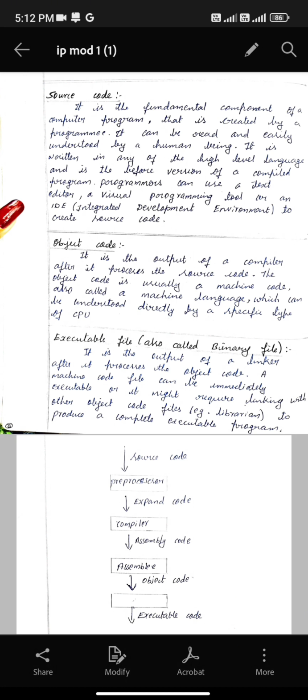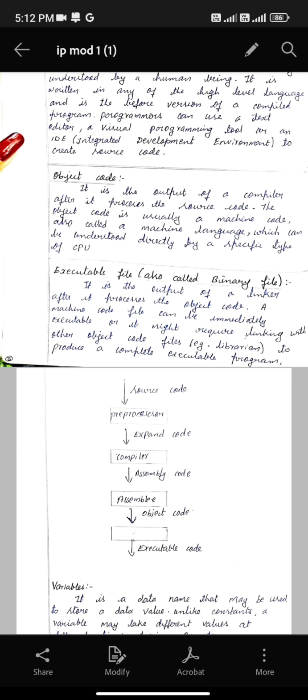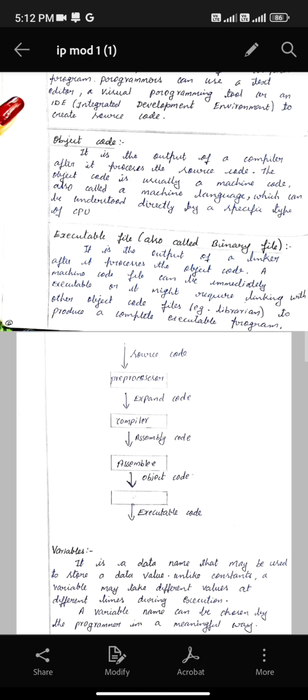Object code is the output of a compiler after it processes the source code. The object code is usually machine code, also called machine language, which can be understood directly by a specific type of CPU. And the next one is executable file. It is also called binary file. It is the output of a linker after it processes the object code.